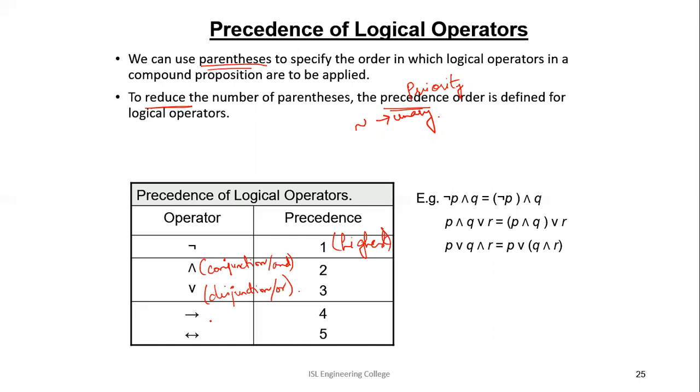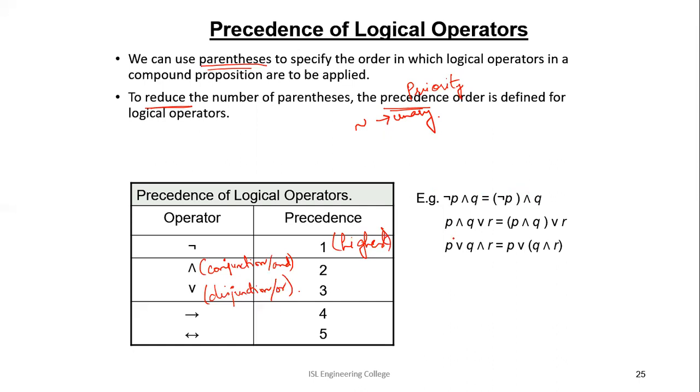Okay, so this is the precedence of logical operators whenever parentheses are not specified, such as in these cases. Here we have negation P and Q. Now negation P and Q means negation should be applied first and then we have to use and.